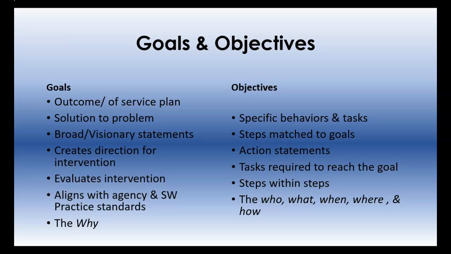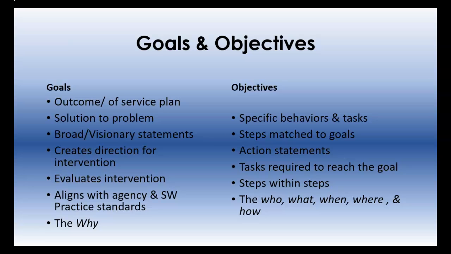Another thing to think about is that your objectives are the who, what, when, where, and how. Because they're specific behaviors and tasks, they are matched to the goal, and they are action statements. Those actions have to specify who is doing it. In the example I gave, the who would be me. The goal is that I want to pass the licensure, so the objective would be that I would need to study. So the who is me.